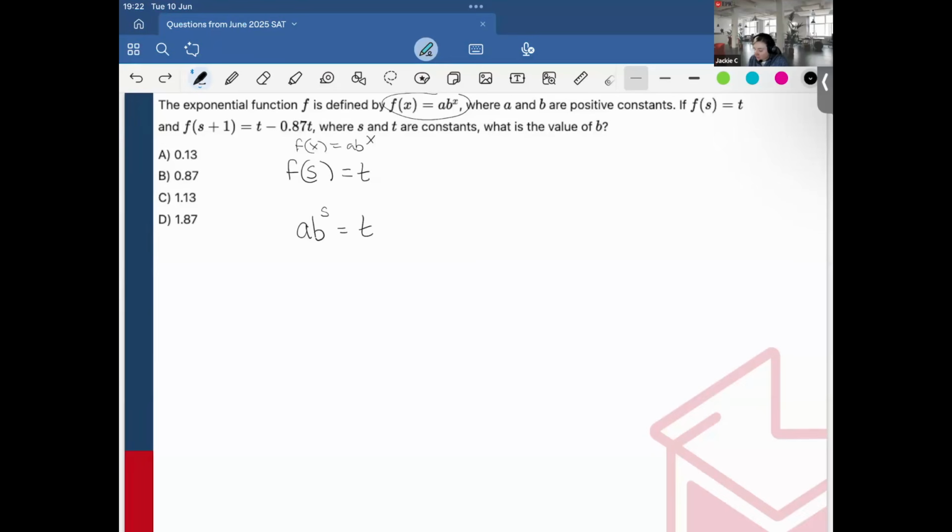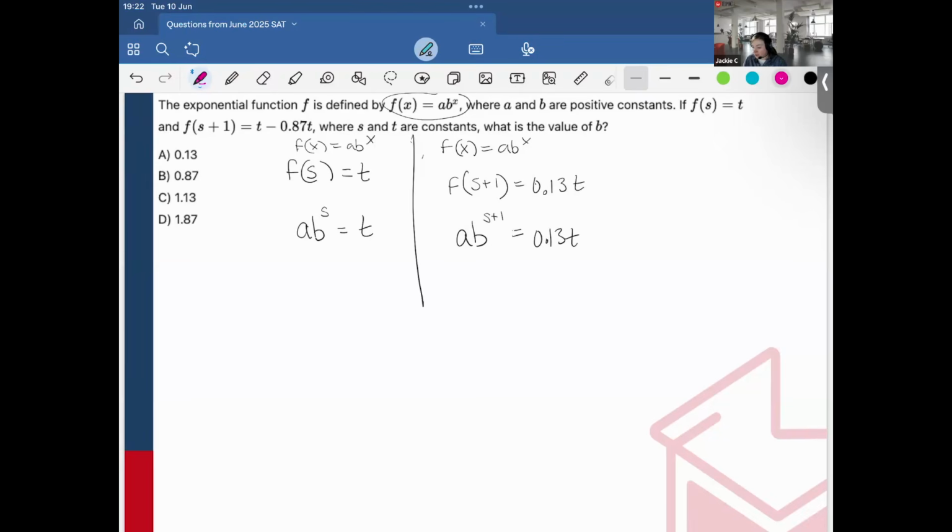Then I also have another pair of coordinates, f of s plus 1, which gives me the output of t minus 0.87t. This is basically 1t minus 0.87t, so that simplifies to 0.13t. Typing that into the function, that would be a b to the s plus 1 is equal to my y output, which is 0.13t.